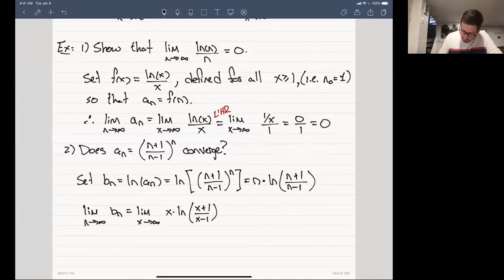We're using that correspondence that I just showed up top. And this is still in an indeterminate form. As x goes to infinity, the ln term is going to 0 because you're getting ln of 1. The quotient x plus 1 over x minus 1 is converging to 1. And so you're getting 0 times infinity. That's not going to work.